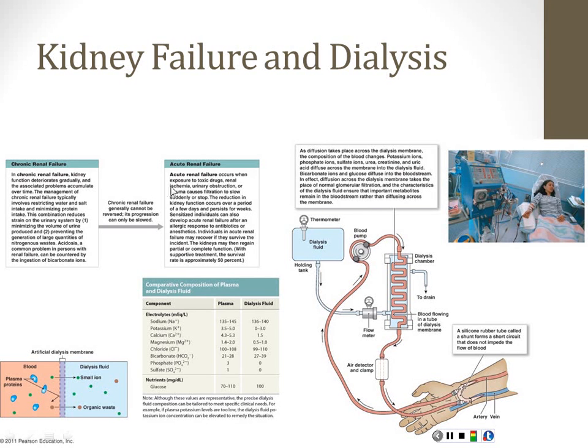Another version of this is somebody is walking along, they have a heart attack and an arrhythmia, and they drop dead, no circulation, right? They're brought back some minutes later, heart starts beating again, but the kidney will have been affected by that absence of blood flow, and that can result in acute renal failure.